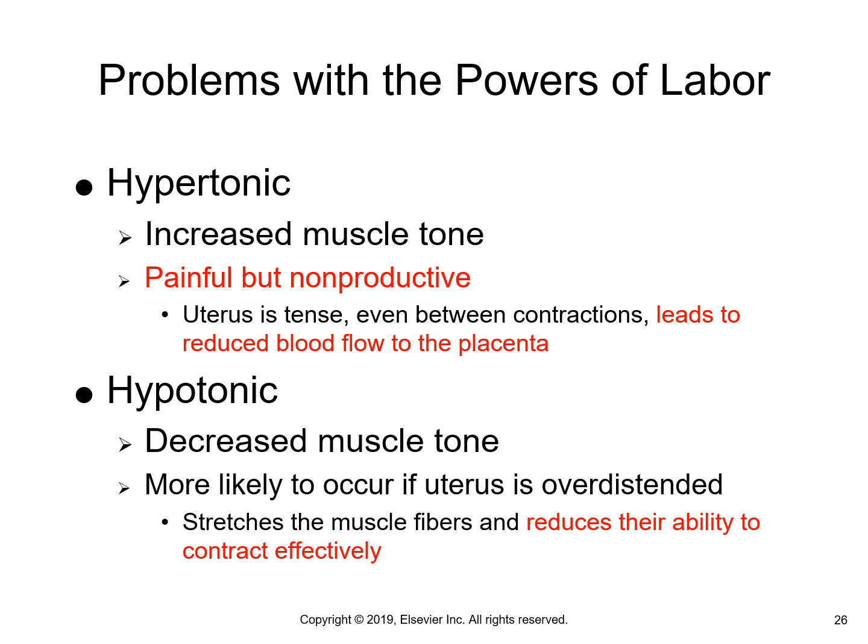Very important to remember for decreased muscle tone: one intervention that we can do as nurses is position changes. You can help the patient by changing their position. It can help not only to relieve the discomfort during labor and contractions, but also position changes help increase the contractions, making them stronger and more effective.